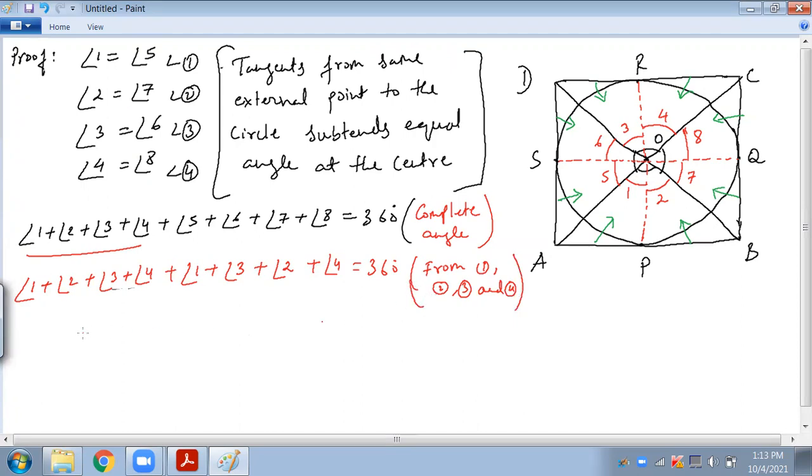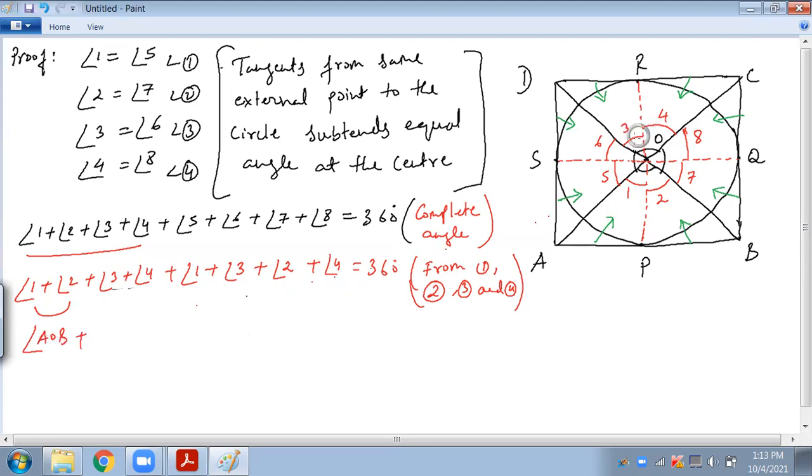Okay, now after changing it, now let's look at the figure. Instead of 1 plus 2, I can write AOB.